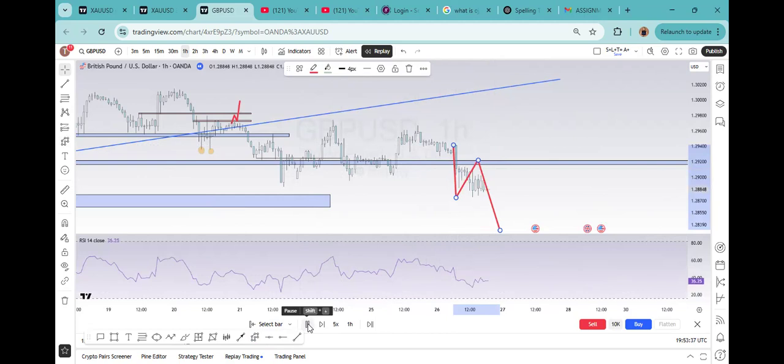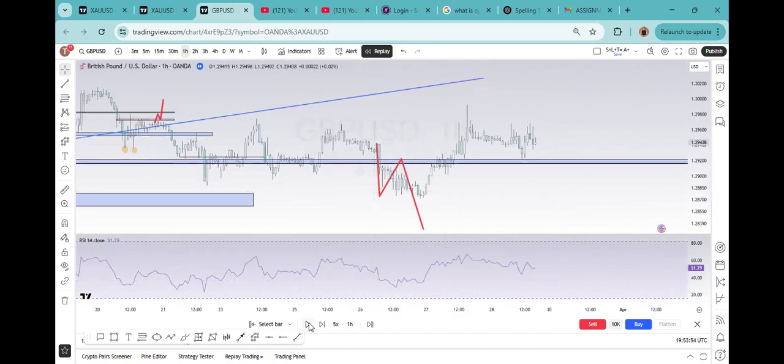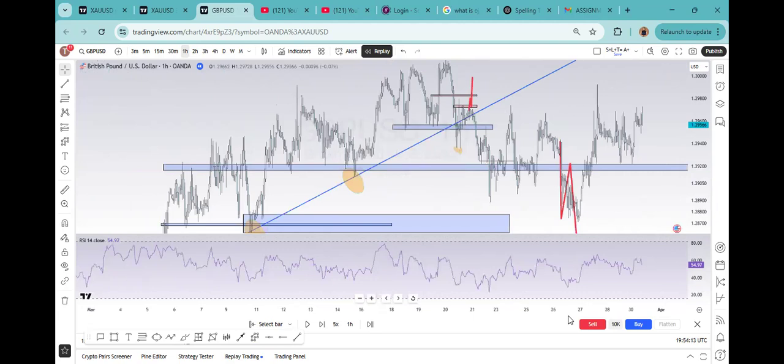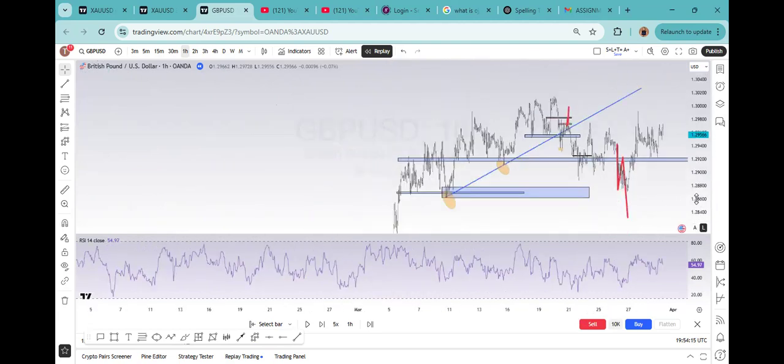Do you understand? So we didn't have a valid retest. We are continuing up. There was no valid retest around this area. So price is continuing up around this zone.